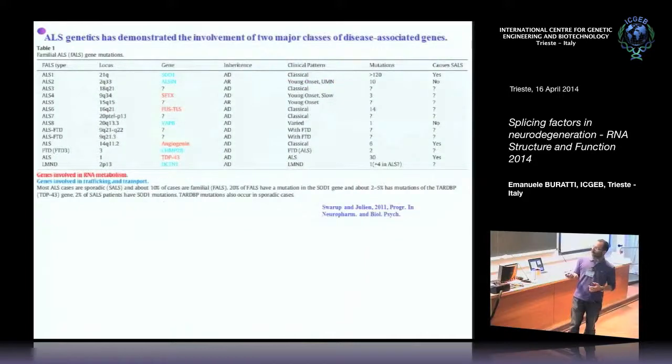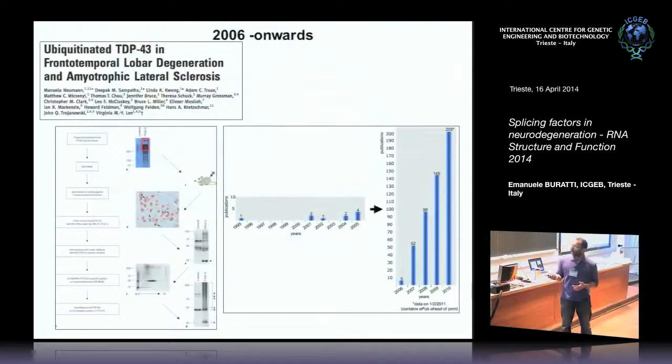And nowadays, what we know is that the protein that is aggregating in both kinds of diseases is a protein that we have been studying for many years, and it's called TDP-43. This was first described in 2006 by the laboratory of Virginia Lee in Pennsylvania.